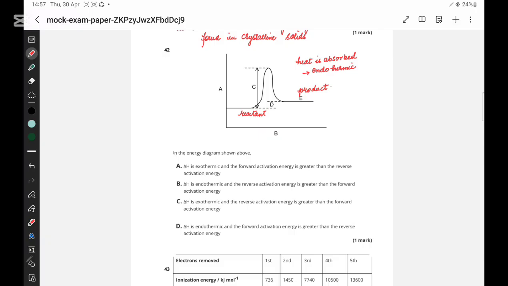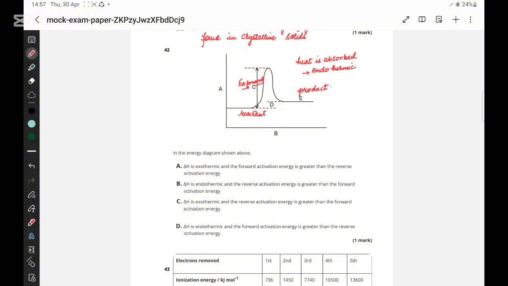And now if you see the forward direction, we are going to have activation energy. So this is the activation energy for the forward direction. Activation energy is the energy required to start a reaction.